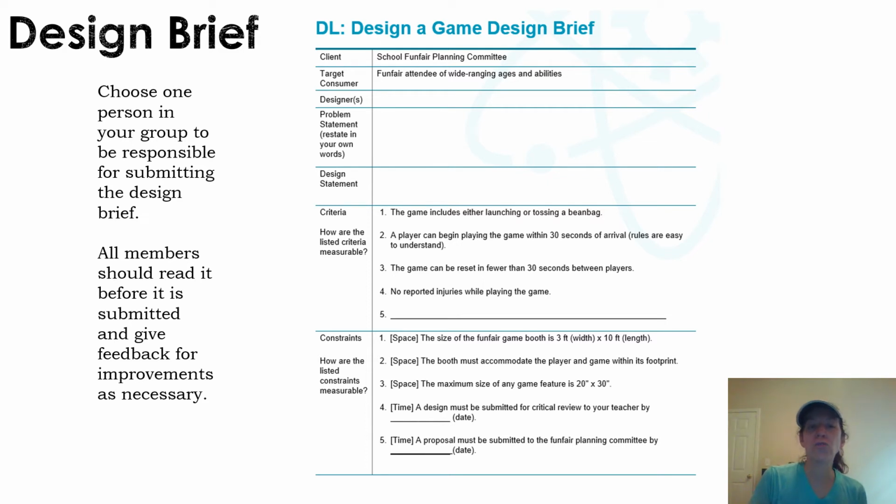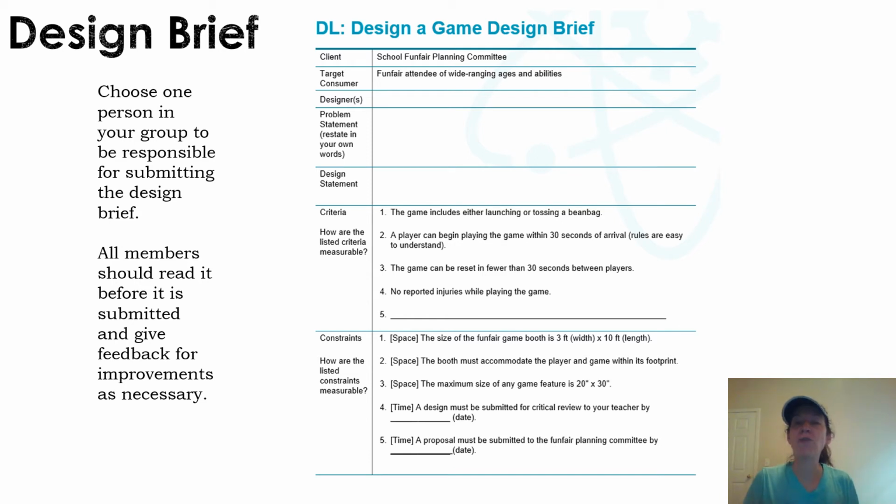All members should read it before it's submitted and give feedback for improvements as necessary. So one person in your group is going to be responsible for filling this out. But as can happen with group work, sometimes one person goes and does it, other people have no idea what that person has done, and then they either coast on someone else's good grade, or if that person messes it up, then they get upset because, like, hey, that was my grade and you messed it up.